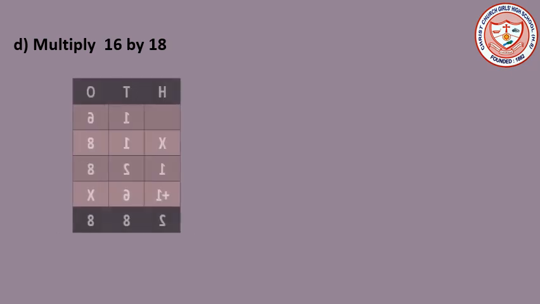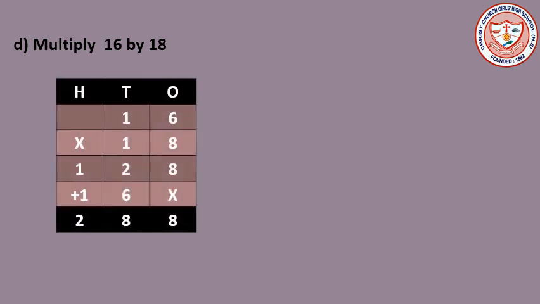Now let us try question number D, multiply 16 by 18. So first of all we need to arrange the numbers according to the place value chart. And then we are going to calculate the sum.